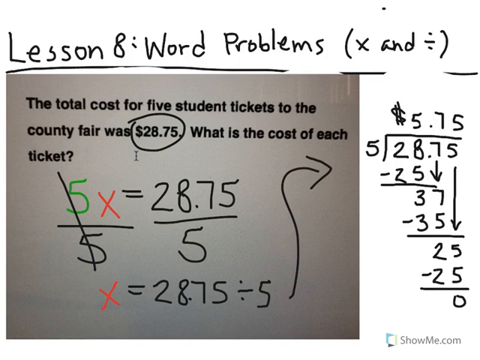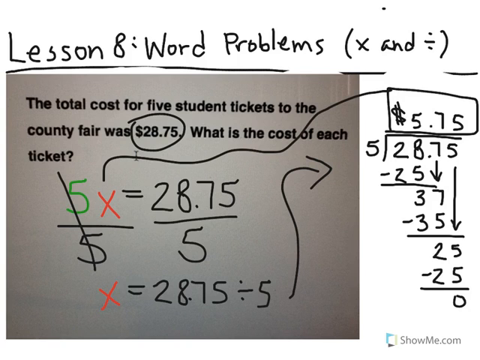And using our division algorithm, we find that $28.75 divided into 5 groups comes out to $5.75. That's our answer. Again, we want to go back and check. If I have tickets that are $5.75 and I have 5 of them, 5 times $5.75 should equal the product of $28.75.